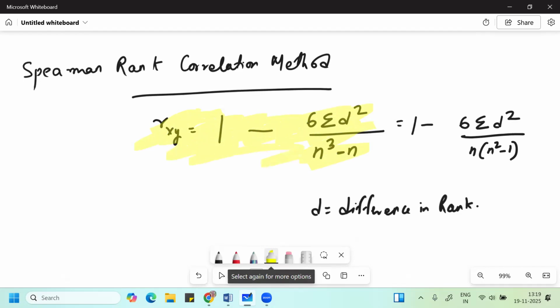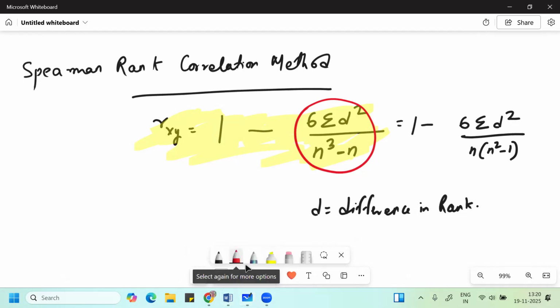In the exam, when you are calculating the Spearman rank correlation coefficient, once you have the d values, square them to get d square, then do the sum to get summation of d square. First calculate this fraction, and then subtract that value from 1 so that you get the R value. So this is another method called Spearman rank correlation coefficient.